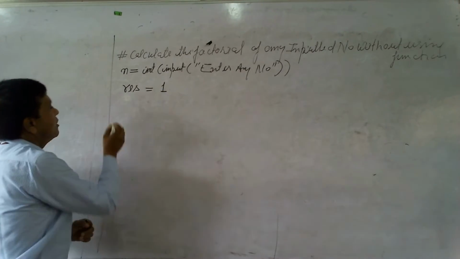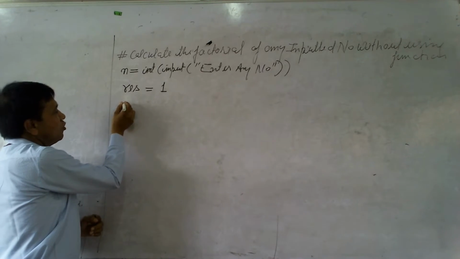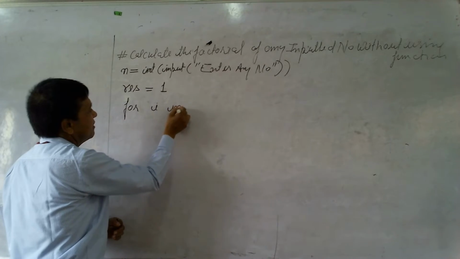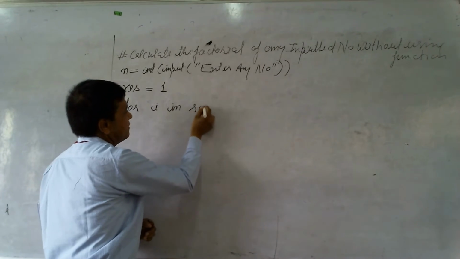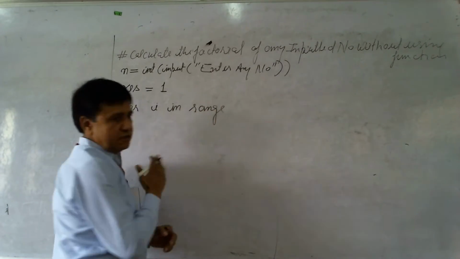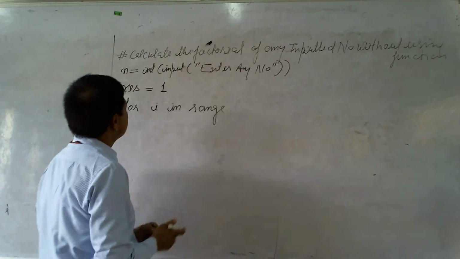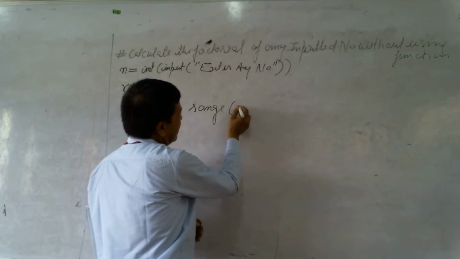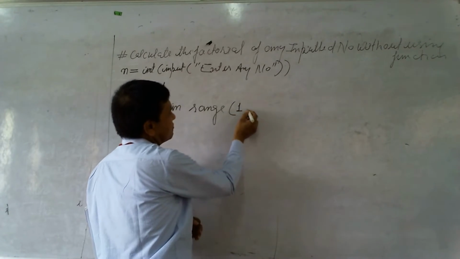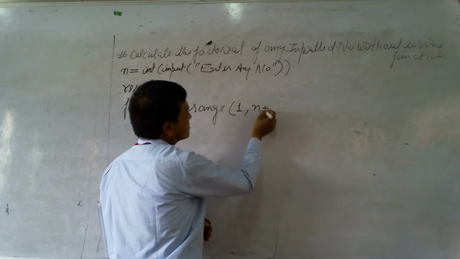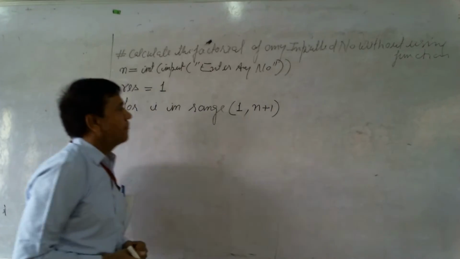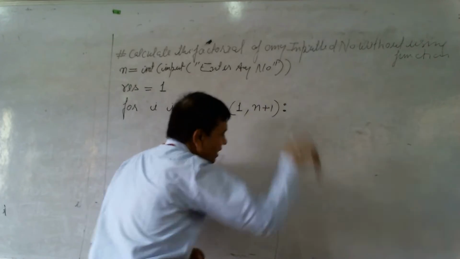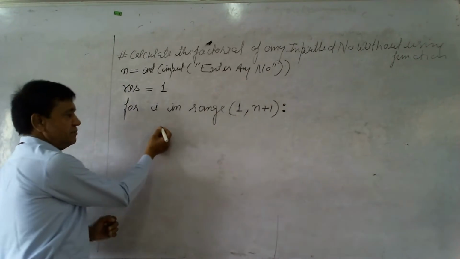Fine. Now I will use the for loop: for i in range. This is the format of the for loop in Python, as I have already discussed with you. And here I am taking n plus 1, and I will use a colon here. As I press the enter key, the cursor will come here.